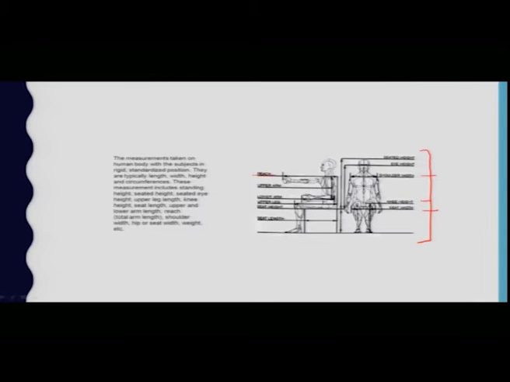And the second thing is we also have to take care of how much reach a particular person has, and about the upper arm length, lower arm length, upper leg, seat height and seat length.